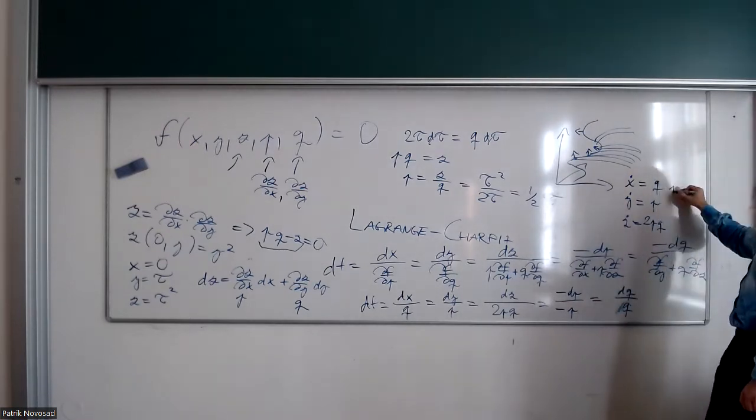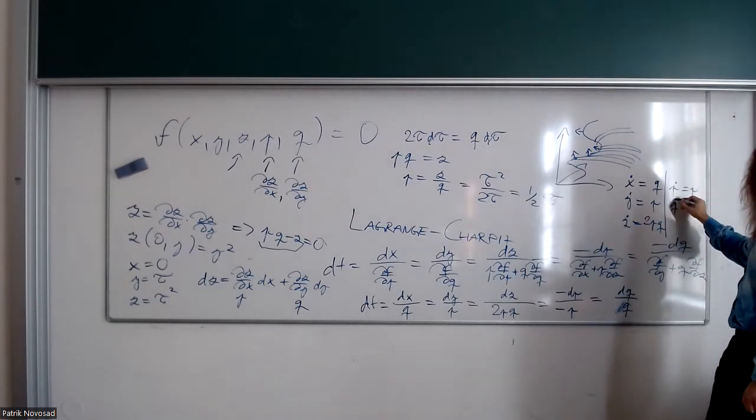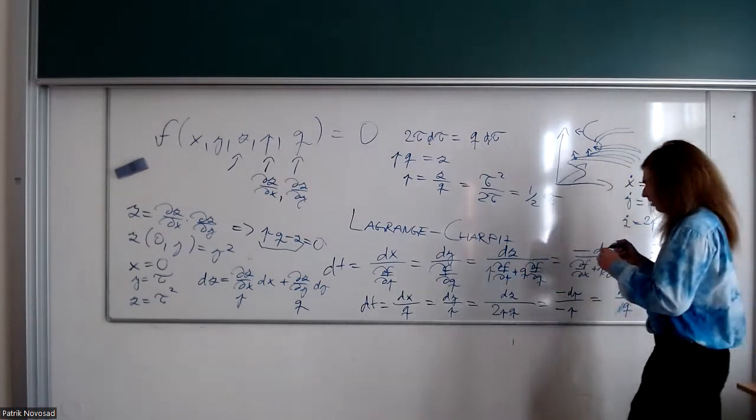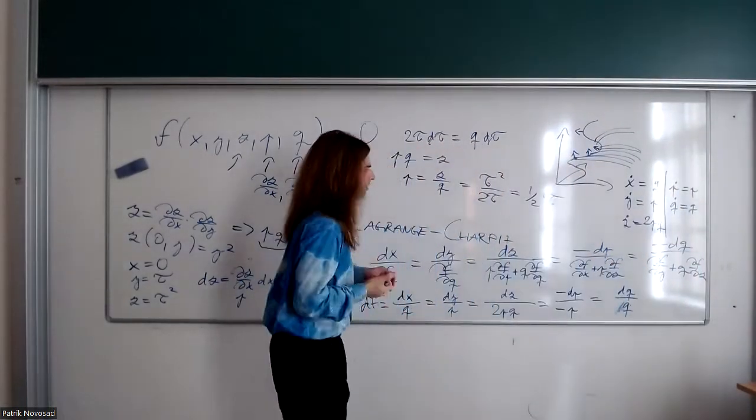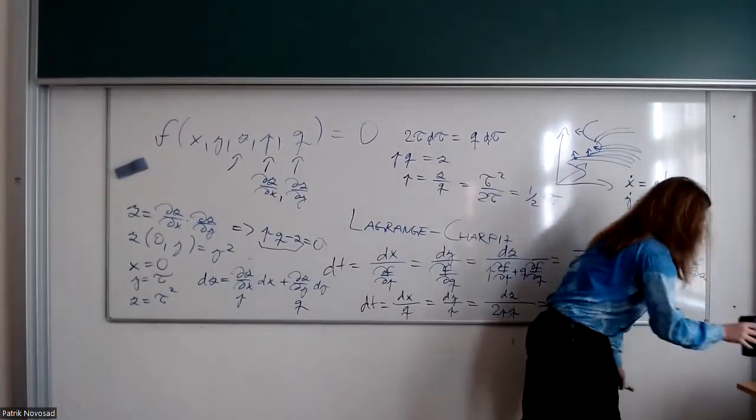Here we just have p dot equals p and q dot equals q. And now, what we need to do is just solve this system of ODEs.